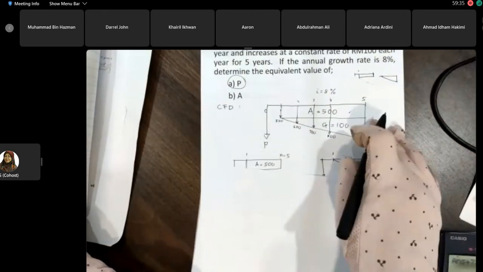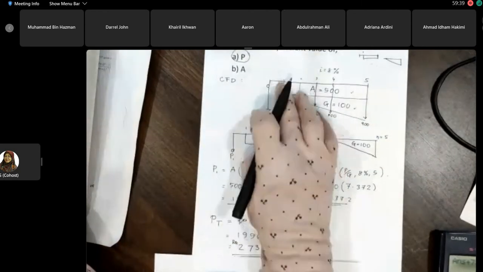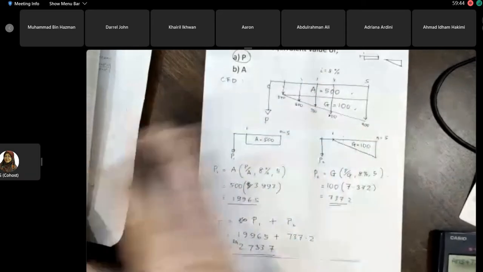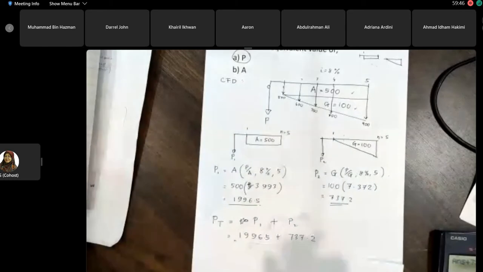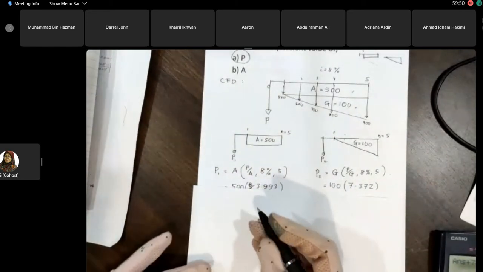To get the A value, this one is with the increment, but now A is a flat rate, meaning A from the first year until the 5th year.